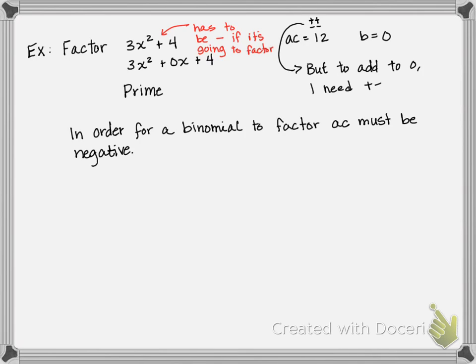That's just because we know that if it's a binomial, that middle term is going to have a coefficient of 0. And in order for two numbers to add to 0, one has to be negative and one has to be positive. But if you multiply a positive and a negative, you get a negative, which means AC would have to be negative if this was going to work.